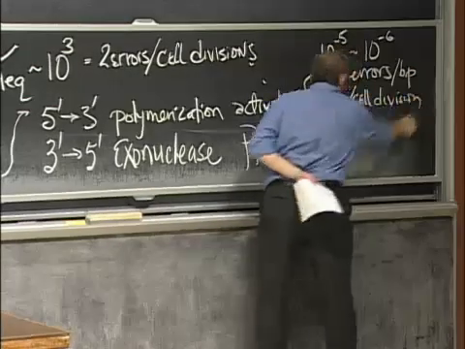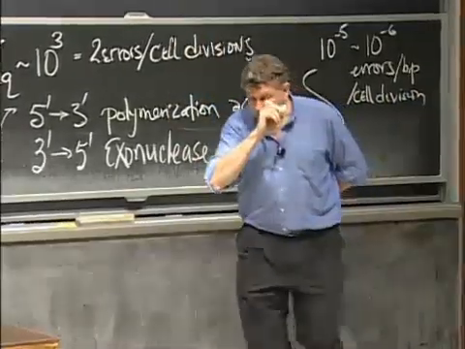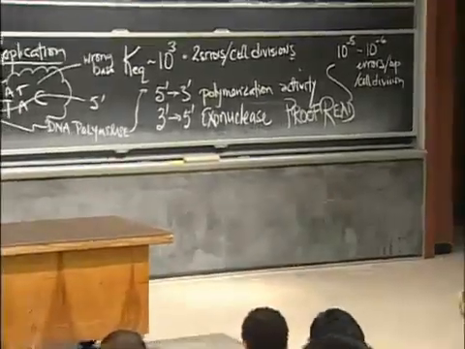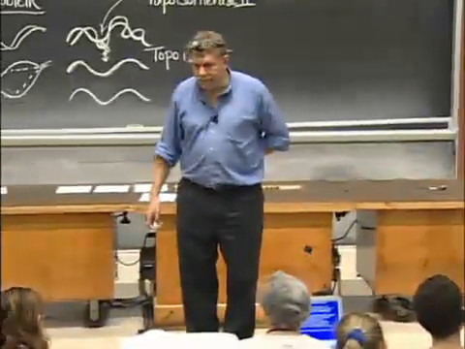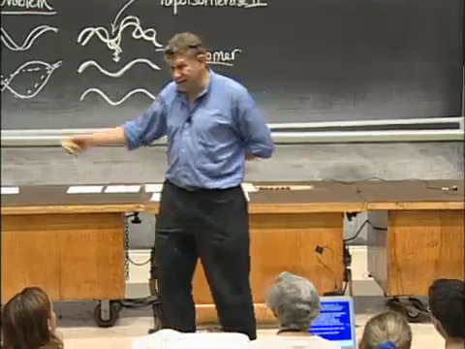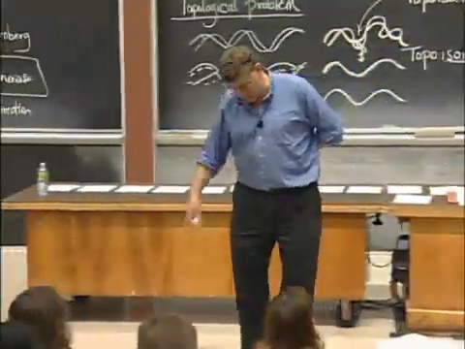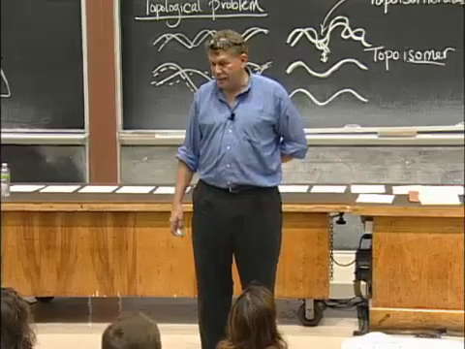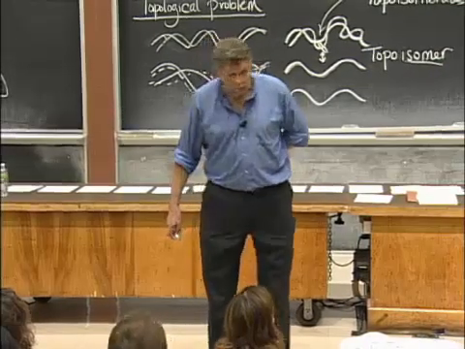It's only making on the order of 1 error per million. Now are we satisfied? No, you guys are pretty hard-nosed. Not good enough because you have 50 cell divisions, and some cells go through many, many, many more cell divisions. Not acceptable. But it's a start.